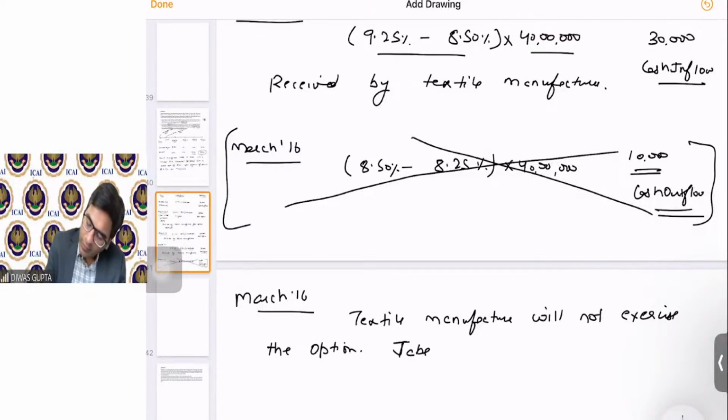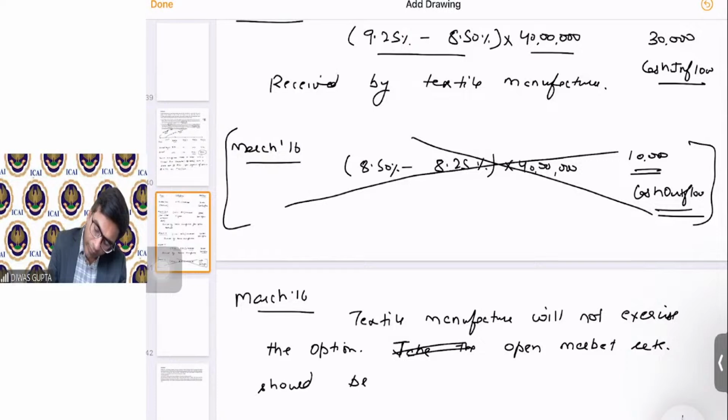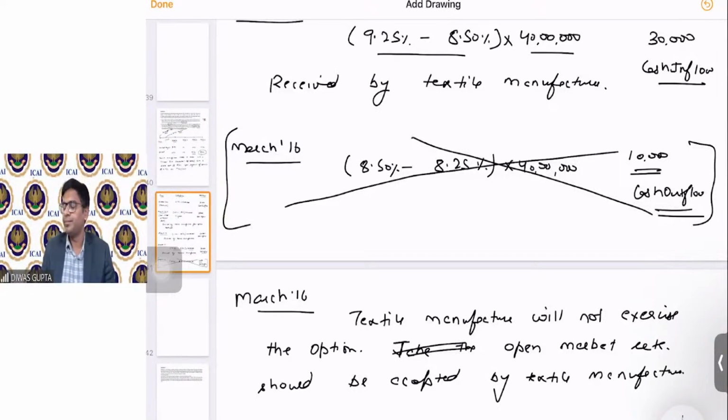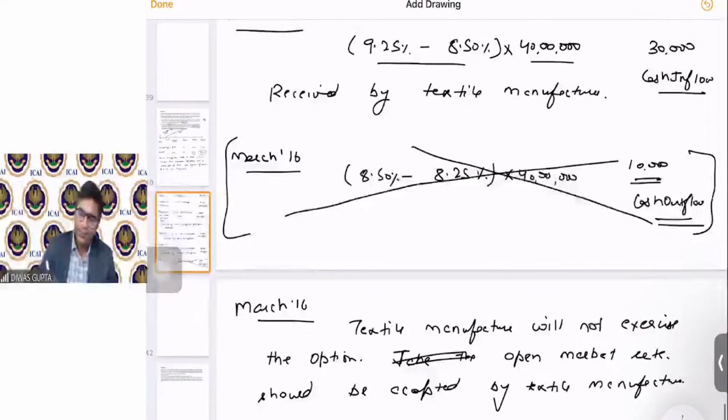Take the open market rate. Or let's say the open market rate should be accepted by the textile manufacturer. Okay, students.